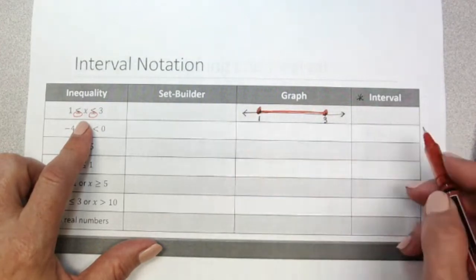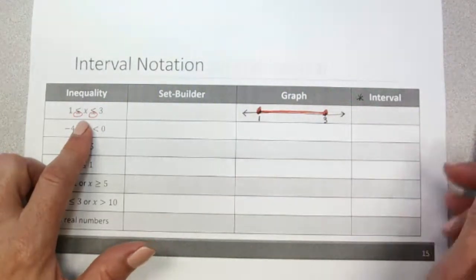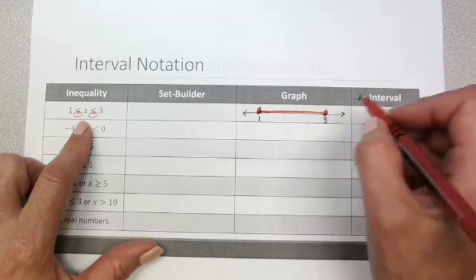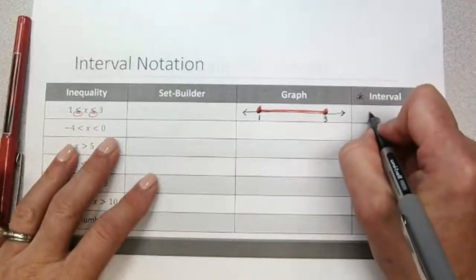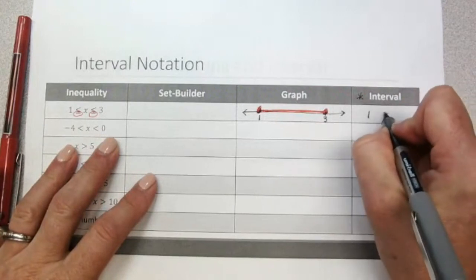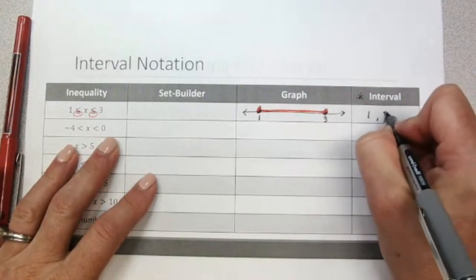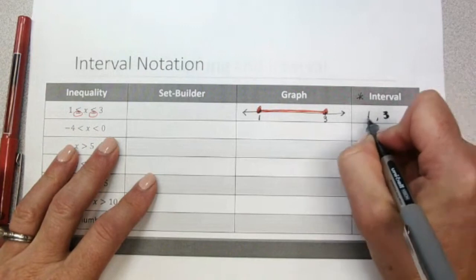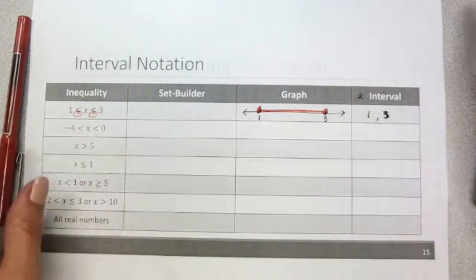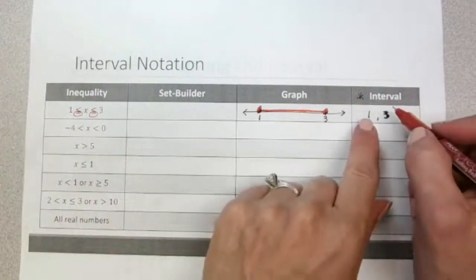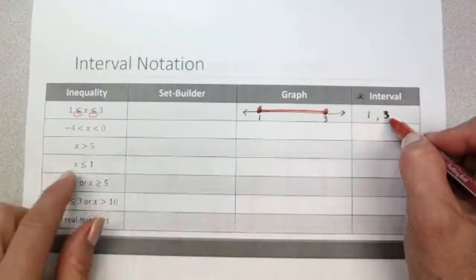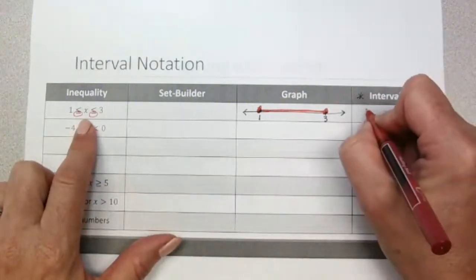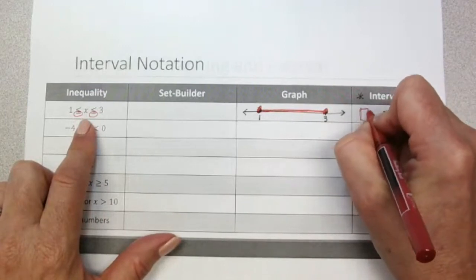All right. To write that in interval notation, I want to say the lower boundary and the upper boundary. So the lower boundary is 1, the upper boundary is 3. I'll separate them by a comma to indicate it's all the values in between as well. But now I want to enclose the lower bound and upper bound with a square bracket like this.